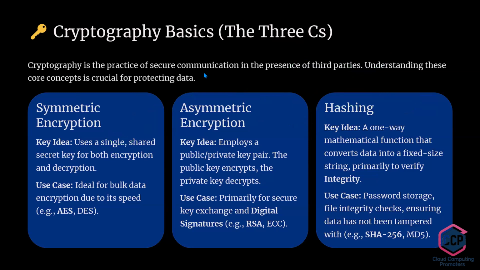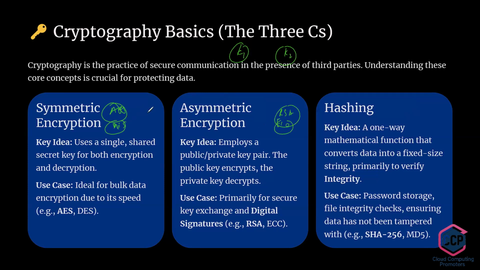But in asymmetric encryption, what happens? There will be two different keys. K1 will be there, the same process will be done, but there will be two keys where encryption and decryption will be done. AES and DES algorithms are used for symmetric encryption, and in asymmetric, the RSA algorithm and ECC.